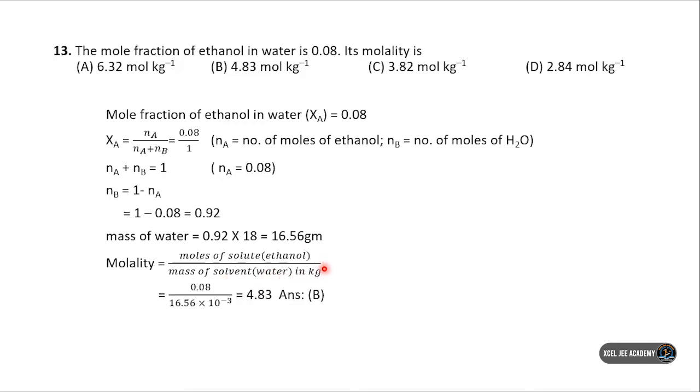That is equal to 0.08, that is Na, the number of moles of ethanol, divided by the mass of solvent, which is 16.56, and we have to write it in kg, so we multiply it by 10 to the power of -3. On solving we will get 4.83, and the answer is option number B.